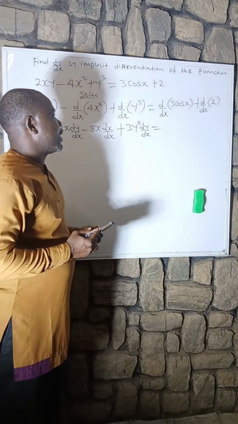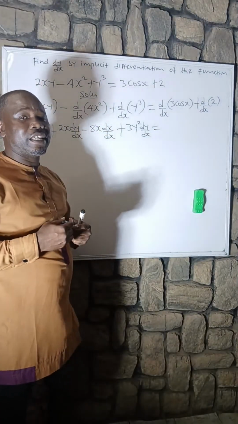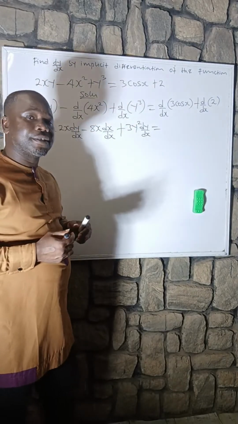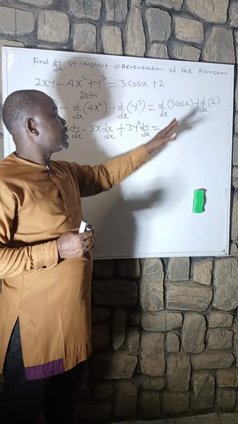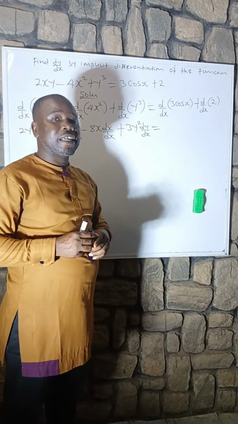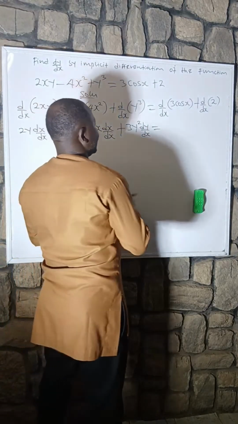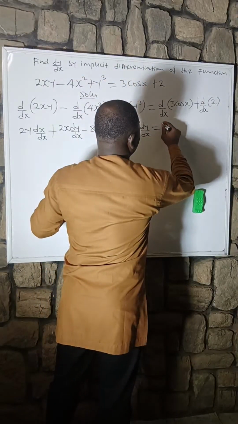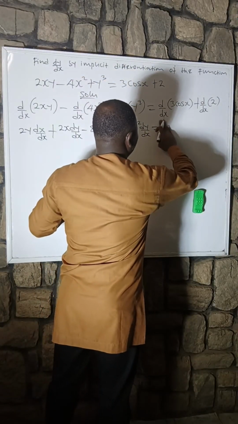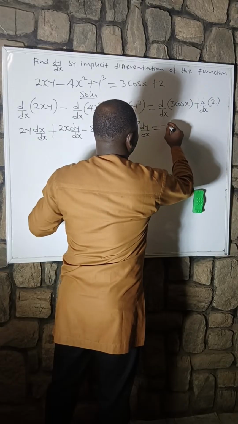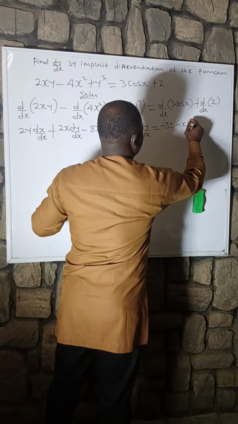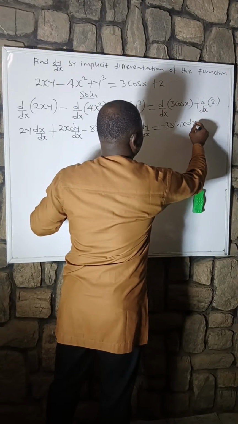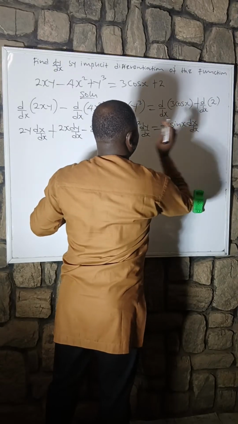To differentiate cos x, you are supposed to have minus sine x, true or false? So since we have 3 cos x, you are going to have minus 3 sine x, the x, all over the x.